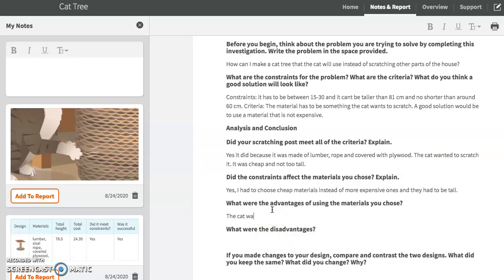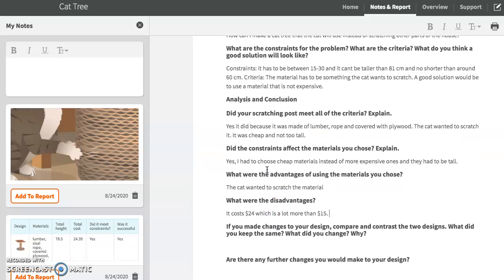The cat wanted to scratch the material. The only disadvantage I can think of is that it cost $24, which is a lot more than $15. It's not going to be the cheapest one, but it will work the best, right?